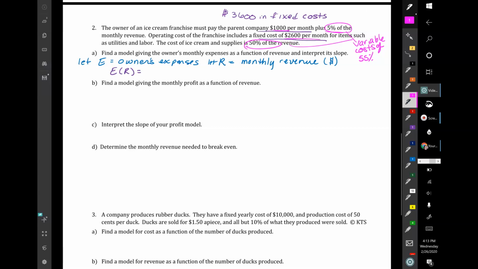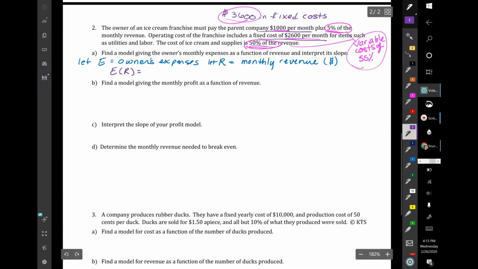So $2,600 per month gives me $3,600 total in fixed costs. And then I have that variable cost that I had before, 5%, plus also the ice cream supplies, and the ice cream itself is 50% of the revenue. So that would be total variable costs of 55% per month.